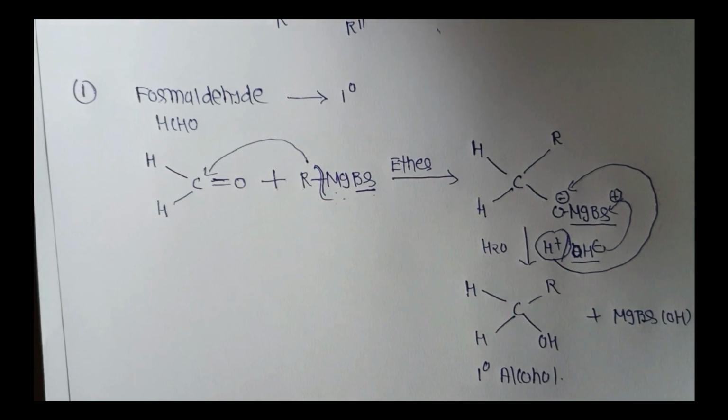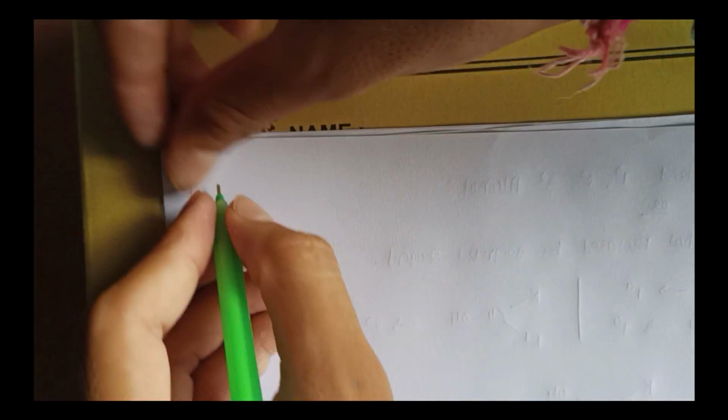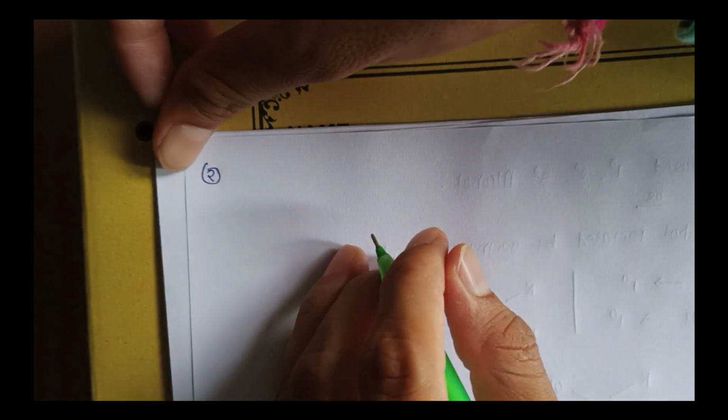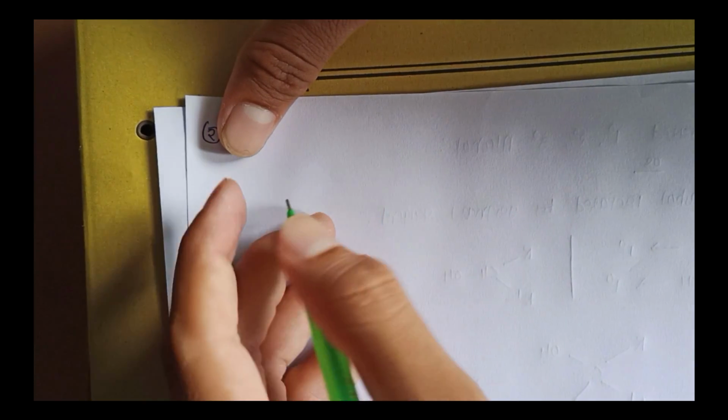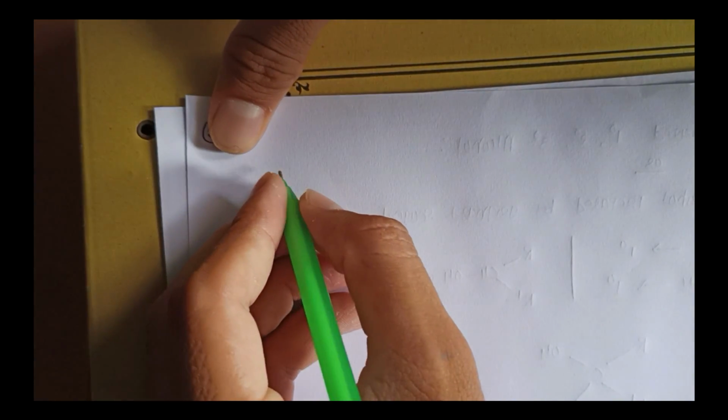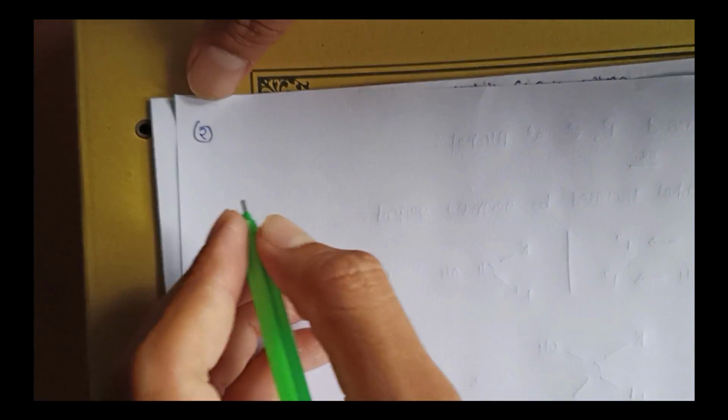Second one is secondary alcohol. How to prepare the secondary alcohol? Primary alcohol is prepared from formaldehyde. Secondary alcohol is prepared from any aldehyde, not formaldehyde.